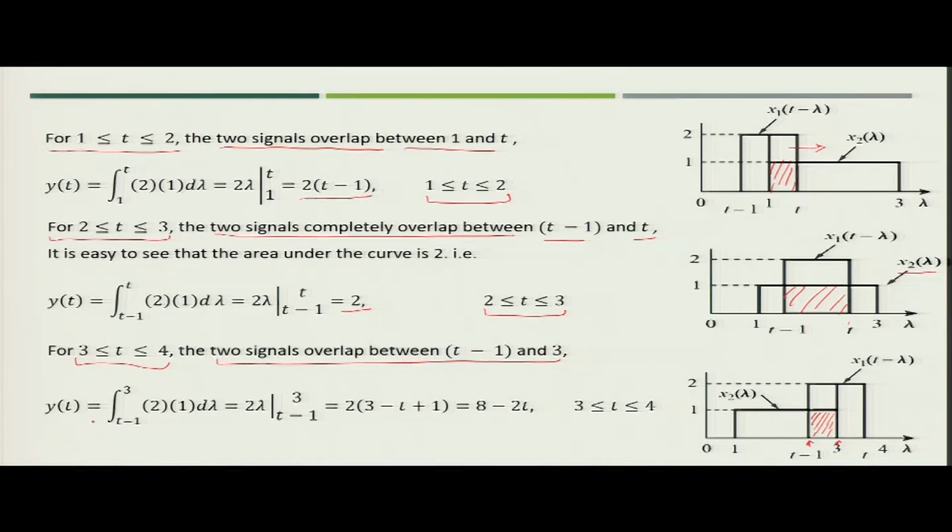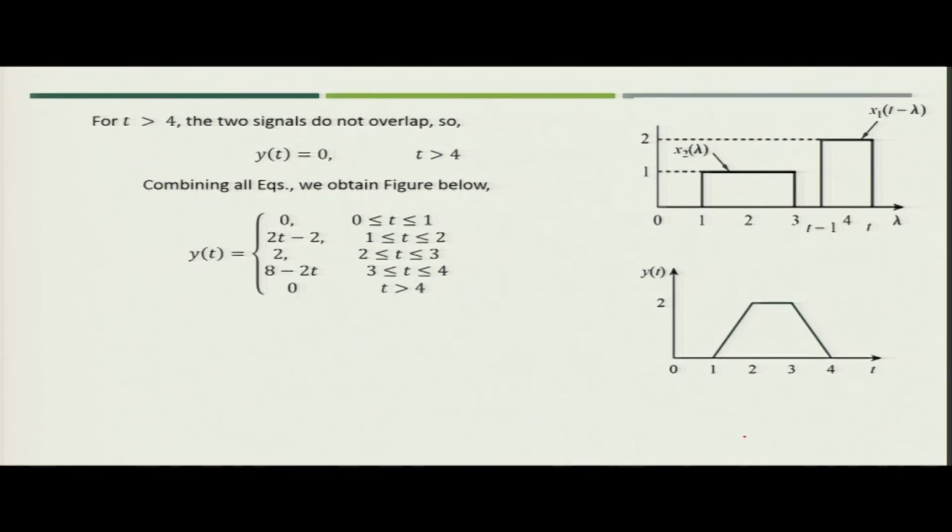So now for yt, the integral will be ranging between t minus 1 to 3, and when we solve, we will get the value of yt as 8 minus 2t for time t ranging between 3 to 4. Now for time t greater than 4, you will see that now the signals are not overlapping. So what we can say, that yt will be 0 for time t greater than 4.